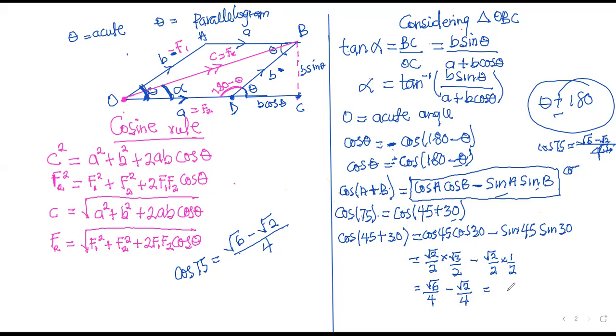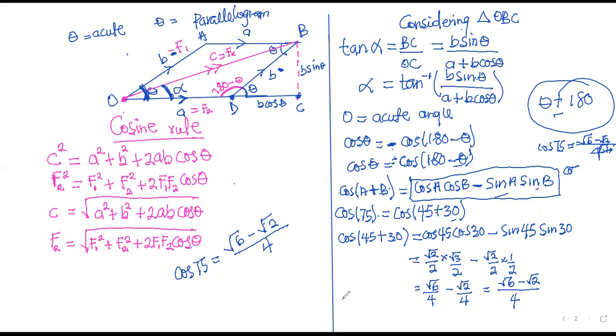This is equal to a common denominator 4 and the numerator root 6 minus root 2, which is the proof. All right, so we are using just the identity to prove our facts. Okay.